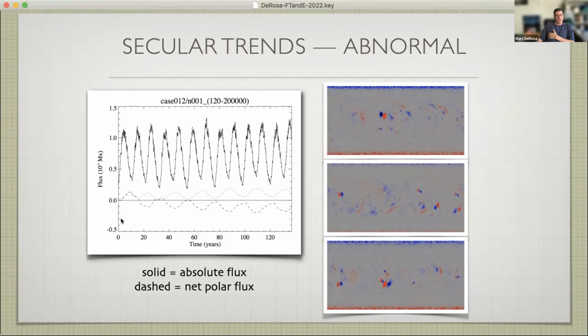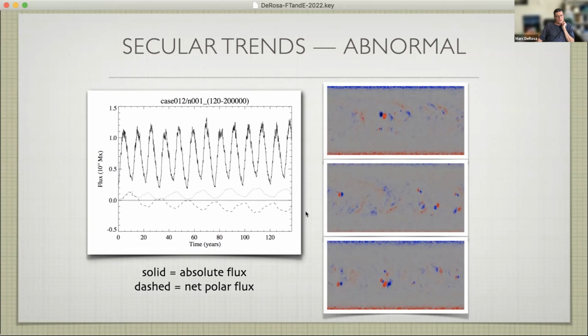But if you have the right sequence, with varying levels of activity amplitude, such as a weak cycle followed by a strong cycle, followed by another weak cycle, followed by another strong cycle, then over that set of four sunspot cycles you're constantly advecting preferentially one polarity poleward. Then you can actually find these drifts away from the 0 level in the polar fields, as shown here by the dotted line. And that's interesting.